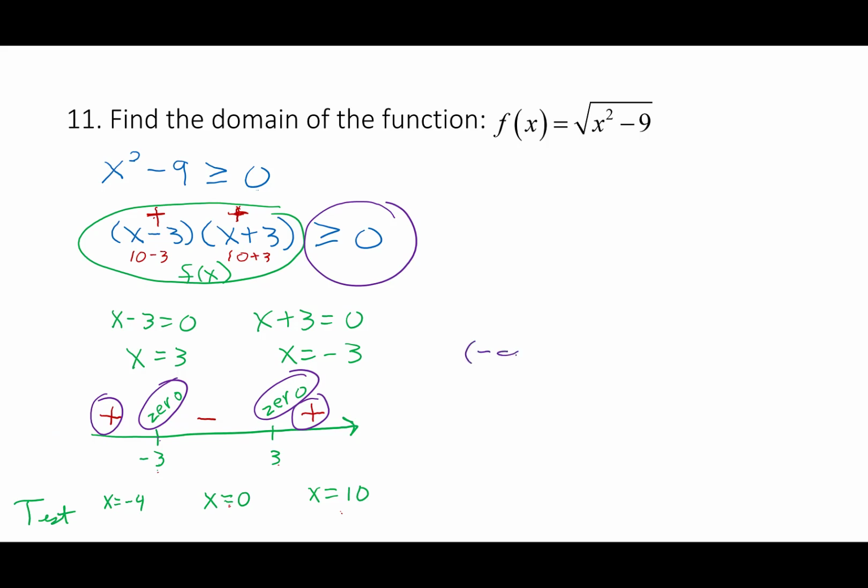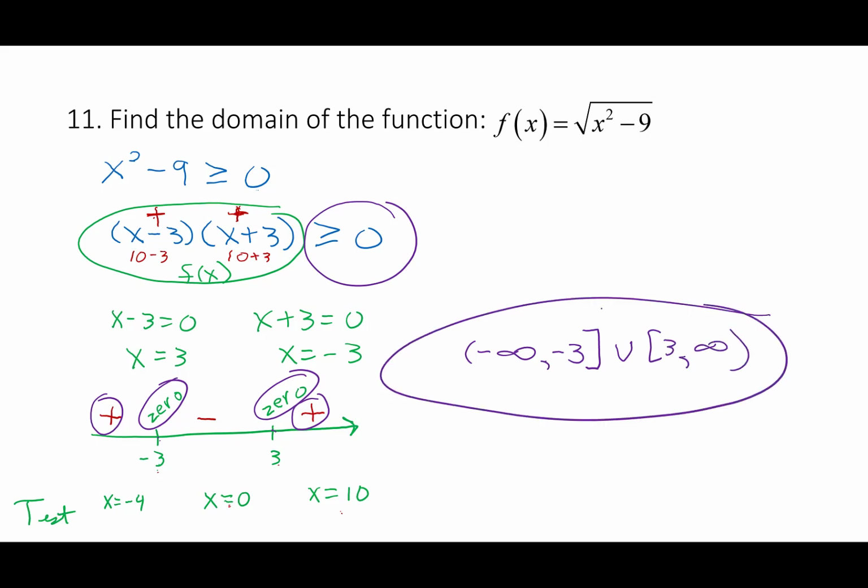That would be negative infinity to negative 3, with a square bracket there to indicate that negative 3 is included as part of the solution. Then union 3, again with a square bracket, to infinity. This is my solution. This is the domain of this function, f of x.